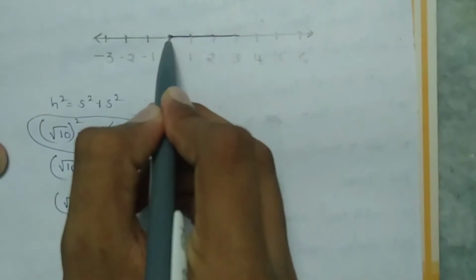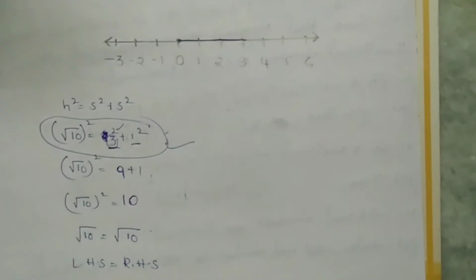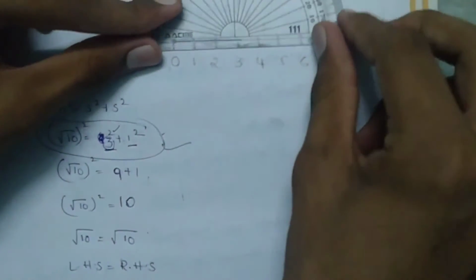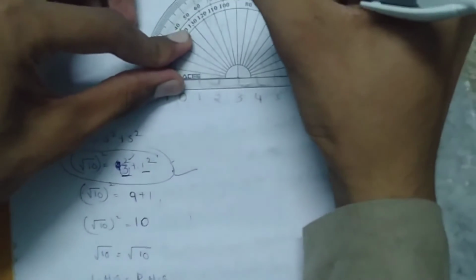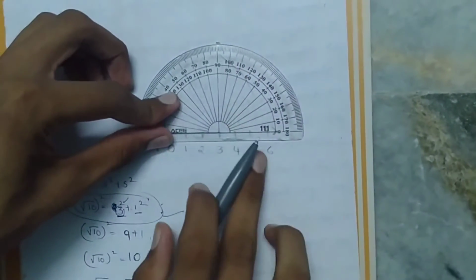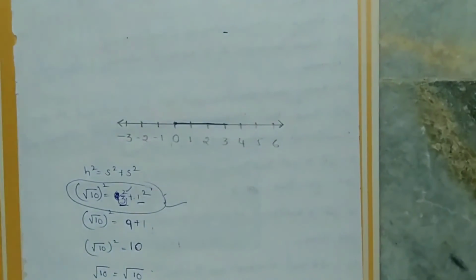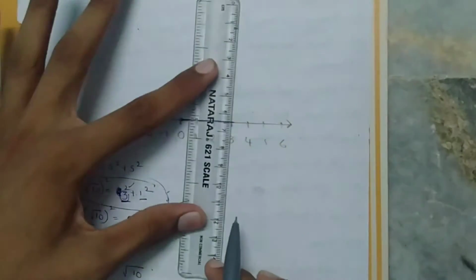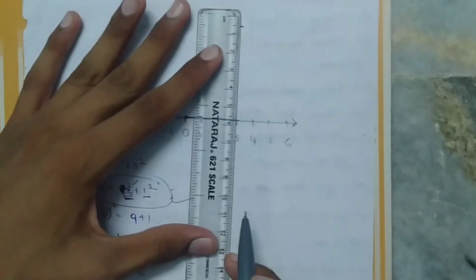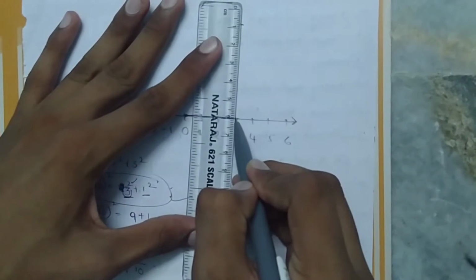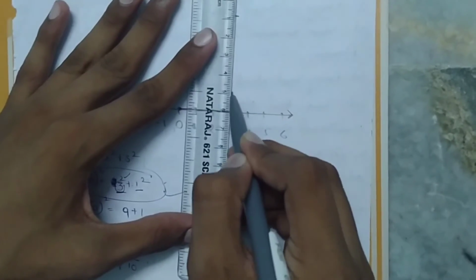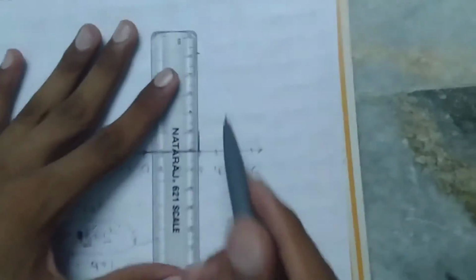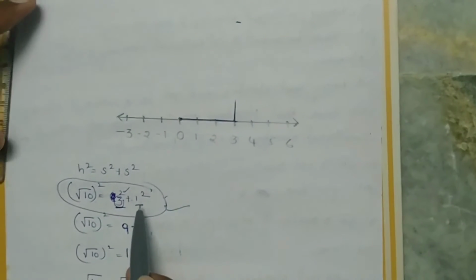See, first we write 3 centimeter, and from 3 we have to measure 90 degrees. But we have to draw only 1 centimeter, focusing on 90 degrees.